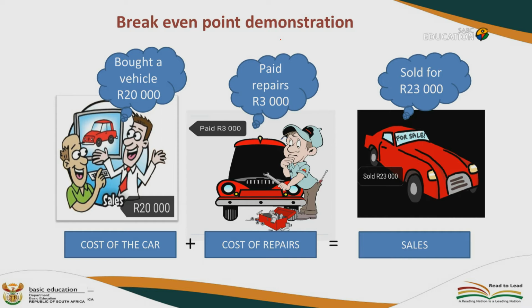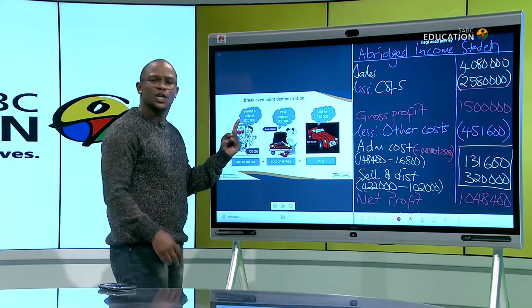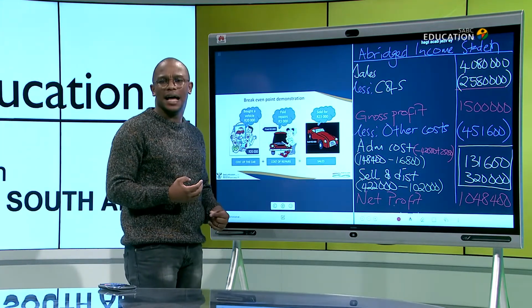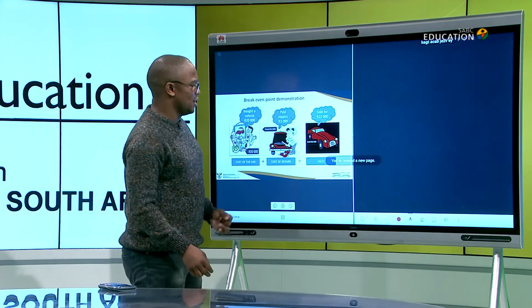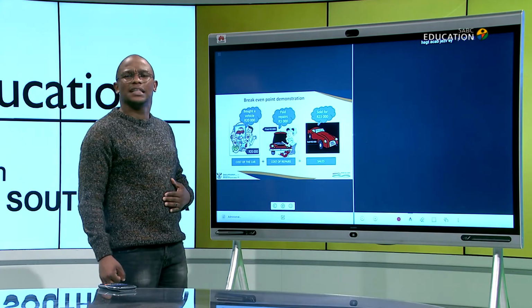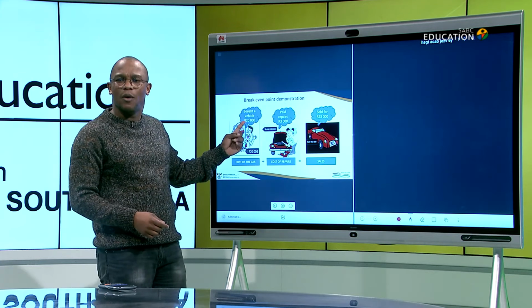Let's say we go and buy a car in an auction, then the car worth how much? 20,000. Then we repaired the car. We repaired what? The car. When we repaired the car, we paid 3,000 rand. But now remember, the amount of the car was how much?